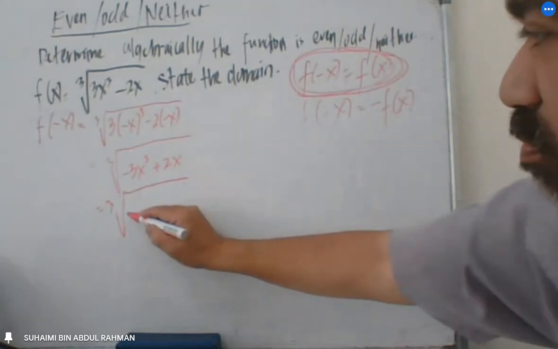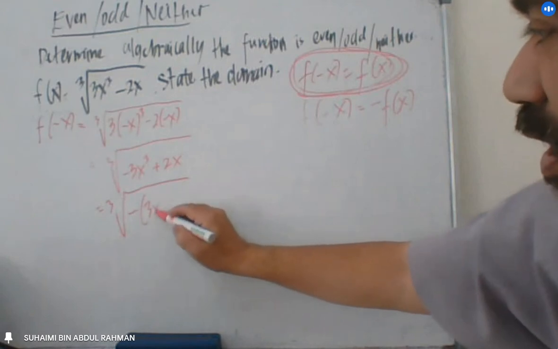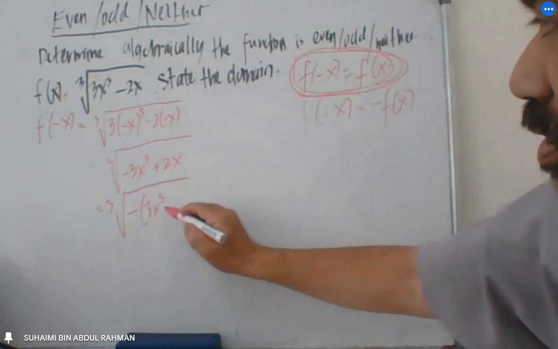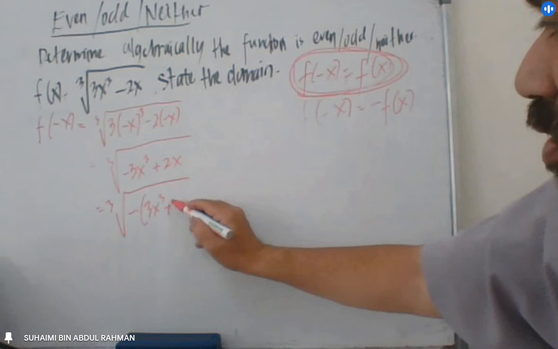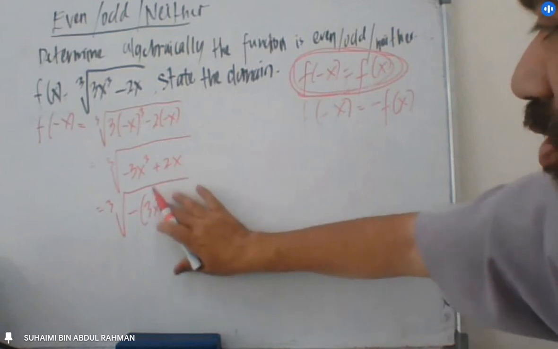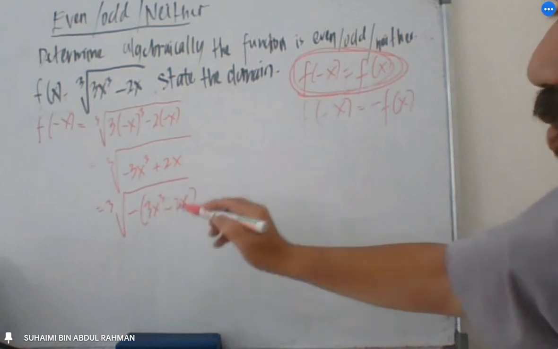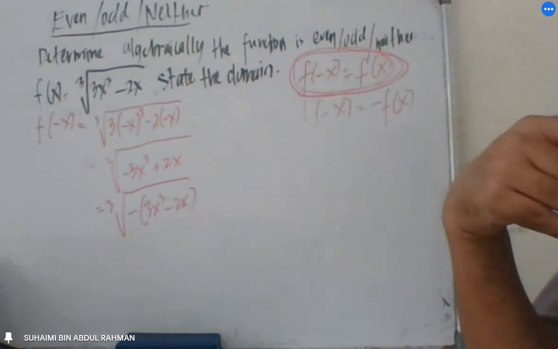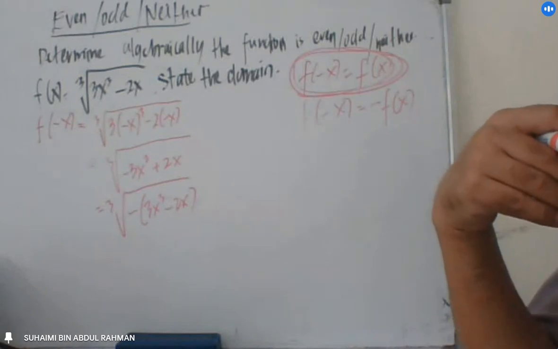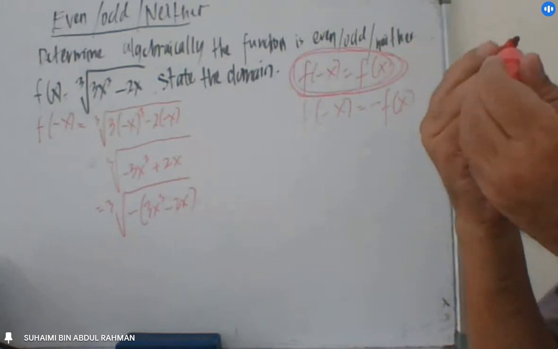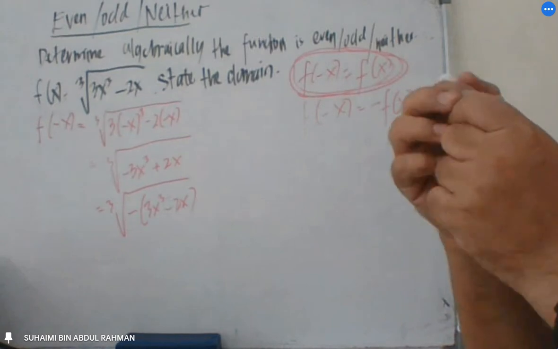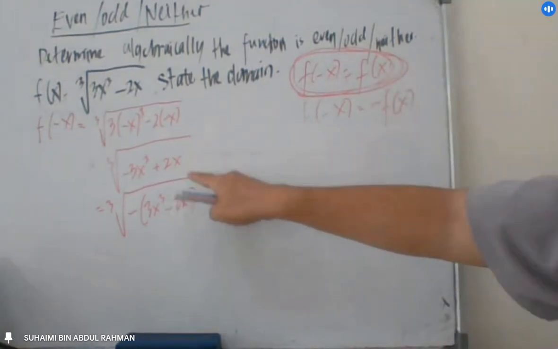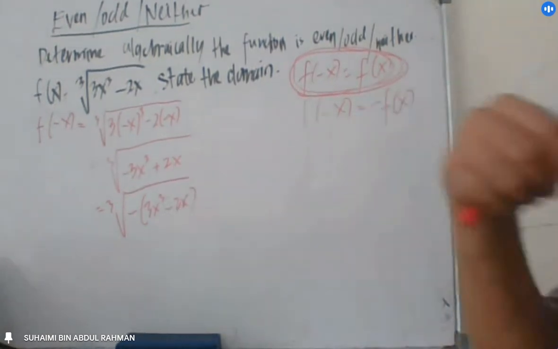This is the same as minus 3x to the power of 3 minus 2x. After expansion, we get minus 3x to the power of 3 plus 2x. You understand it? These two are the same.